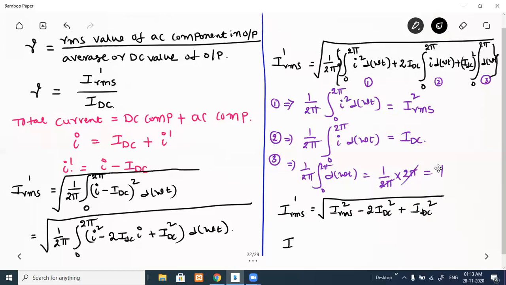So I_RMS dash equals the square root of I_RMS square minus I_DC square.